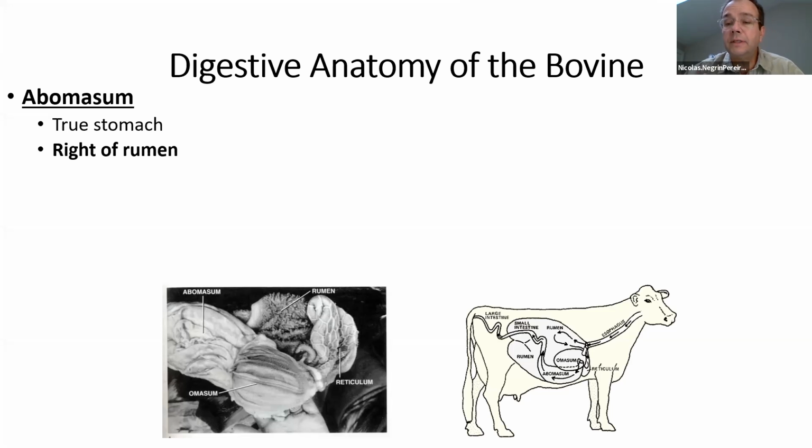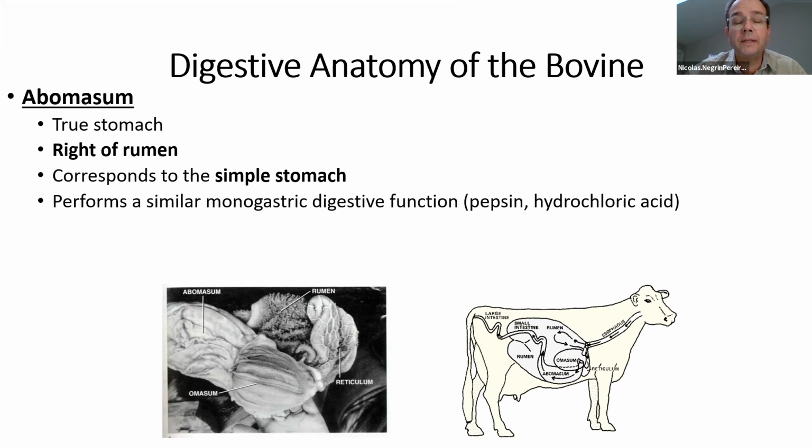Of course, it will digest all the microbes that are being passed through the rumen, and those nutrients and food particles that were not subject to fermentation will be digested in the abomasum. It is located at the right side of the rumen and corresponds to the simple stomach of the monogastric, and performs a similar digestive function, with the production, as we saw in monogastrics, of pepsinogen and hydrochloric acid.